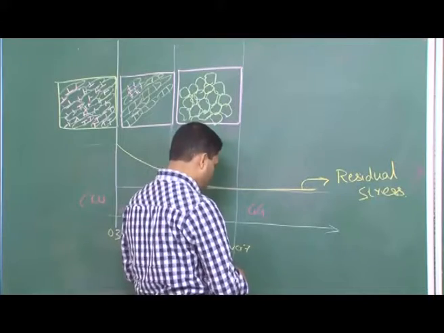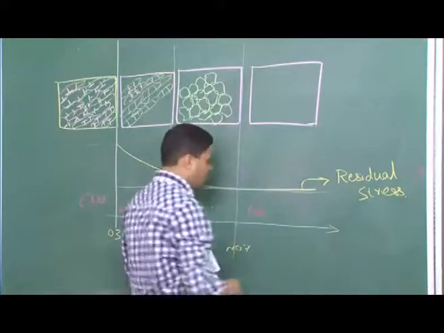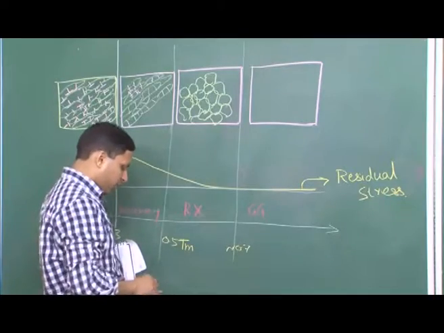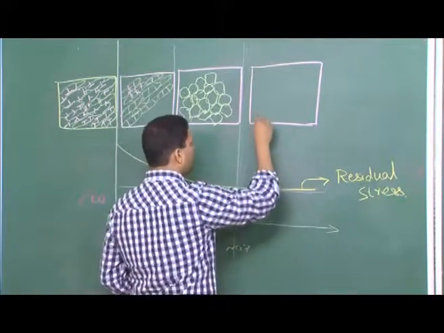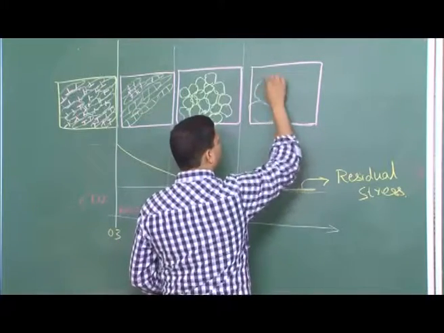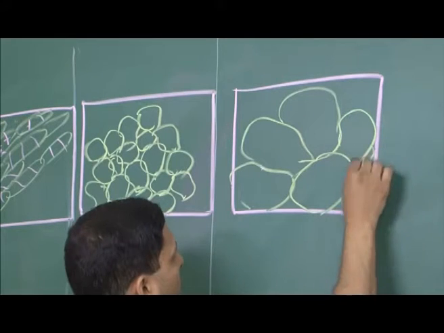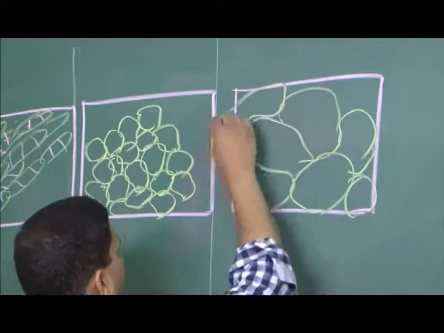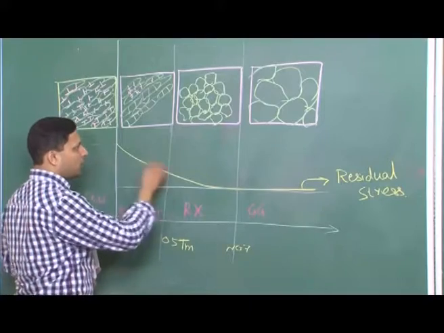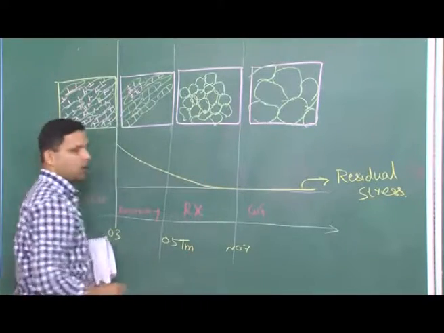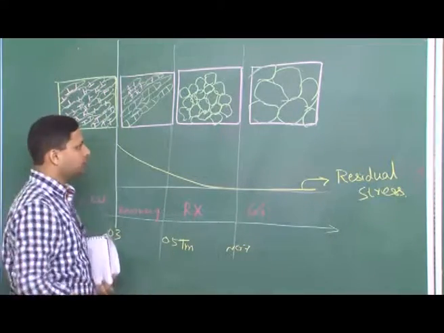And when you move on even further to the grain growth region, which is not of much interest from the point of view of deformation or metal forming, what you have are very, very large grains. So, whatever good properties you could achieve are only limited up to this point, and therefore, the deformation is almost always limited up to this range, and we do not want to get into the grain growth regime.